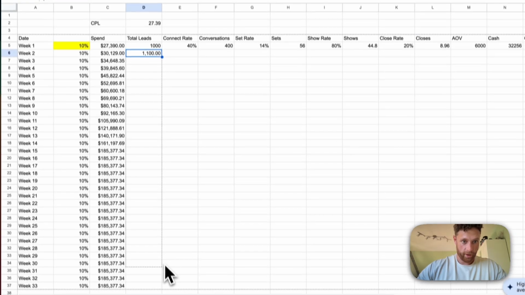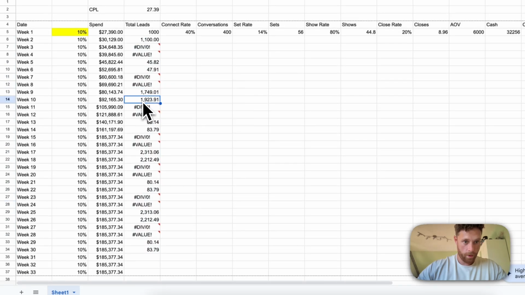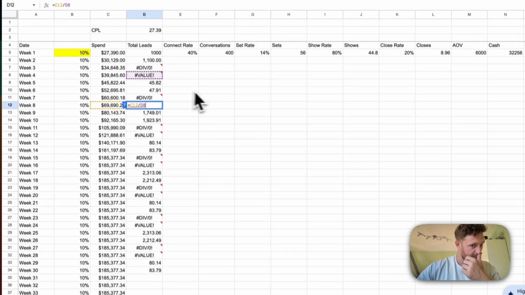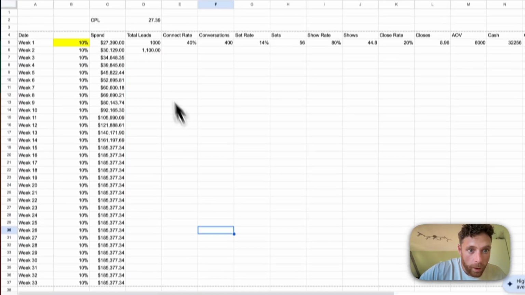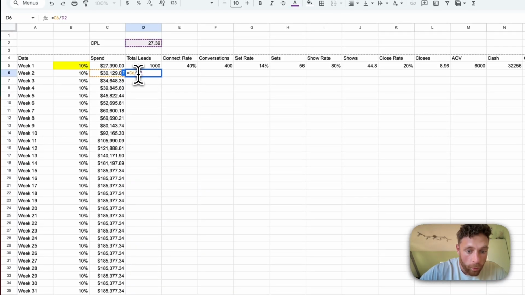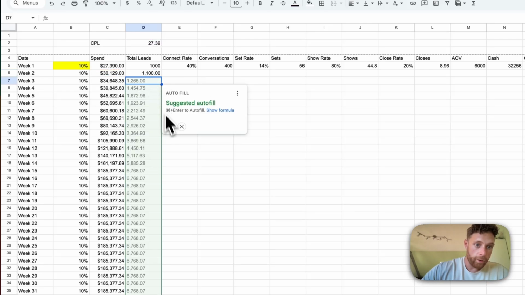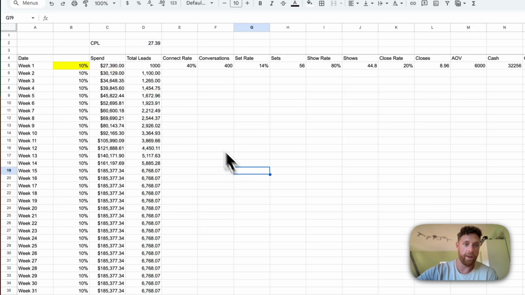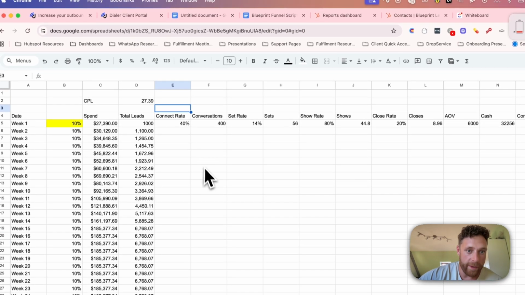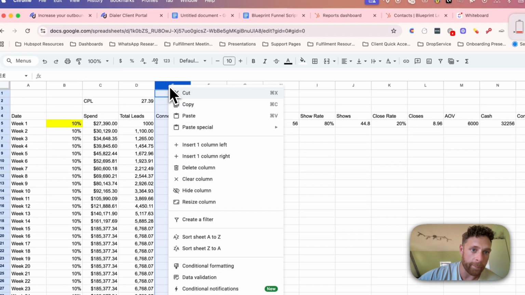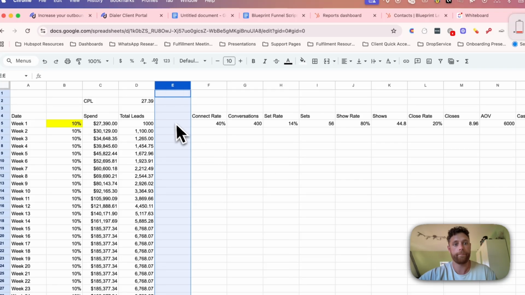So we're just going to drag this guy down. Why are these not working? I got to lock those. So we want purple locked. I'm not a Google Sheets guy. Obviously I do enough, but, 1,000, 1,200, boom, boom, boom. Okay, cool.